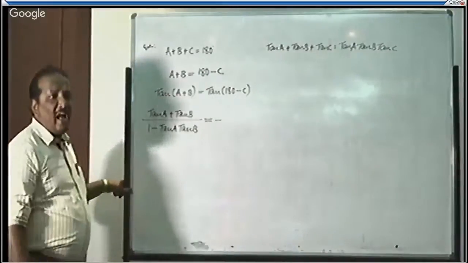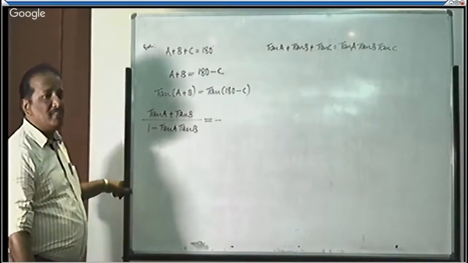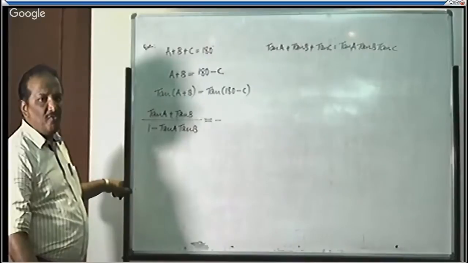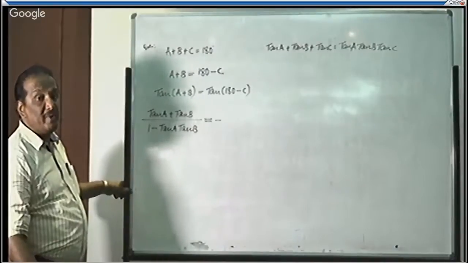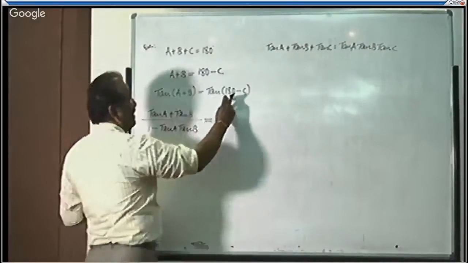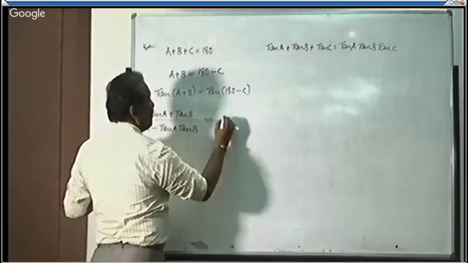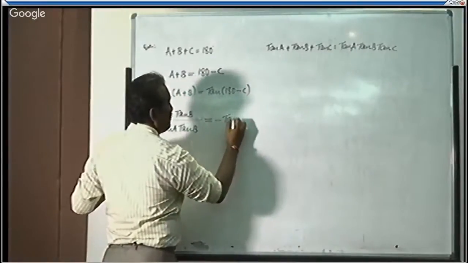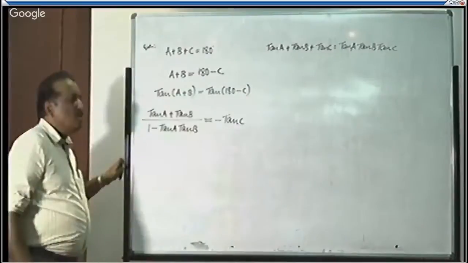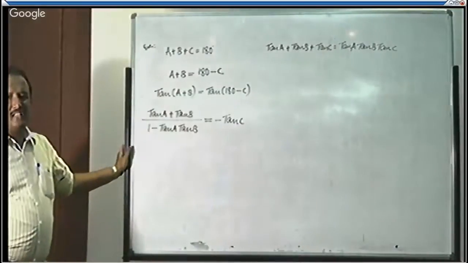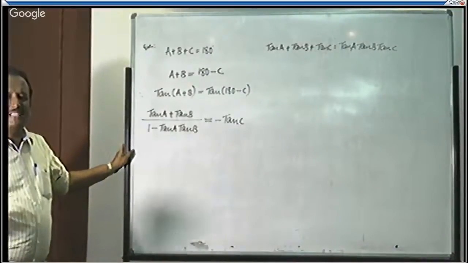When we have an angle of the type 180 plus or minus theta, you have to write the same trigonometric function. 180 minus theta is there for tan, therefore write tan in the place of theta, that is C. So in other words, we know that tan of 180 minus theta is equal to minus tan theta.